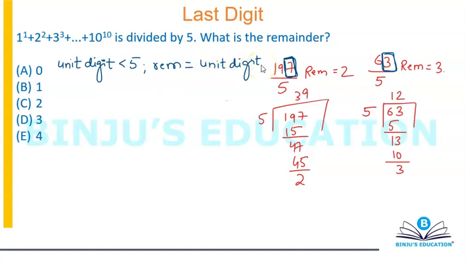Like in this case of 63, 63 divided by 5, unit digit is 3. Unit digit of 63 is 3. Do it with any other number. For example, if you have 1991 divided by 5, you'll find out that your remainder is 1.